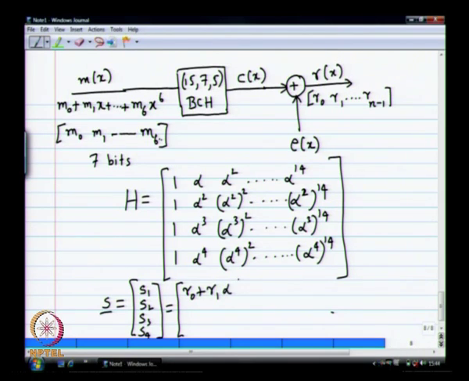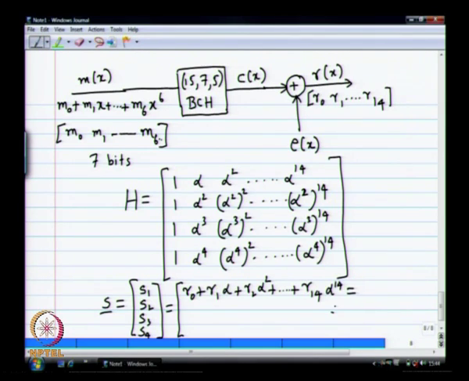Remember, all these guys are bits. Okay. So, I am dealing with a binary BCH code, everything is a bit. Okay. R1 alpha plus R2 alpha squared plus so on till R14. Okay, I put n minus 1 there, so basically that is 14. Sorry, I thought I was doing it in general. Okay, so R14 alpha to the power 14.